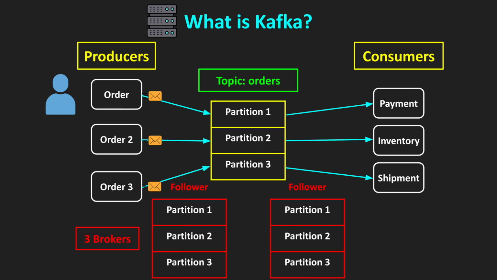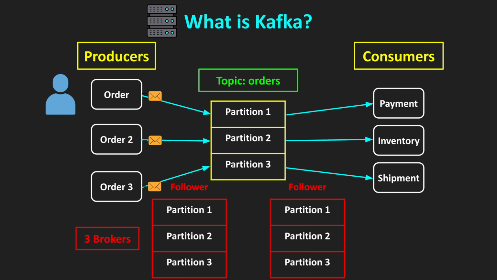So we have here 3 machines for Kafka, and we have one main machine, our leader machine, and we have 2 follower machines. We want partition 1 also replicated to other instances. We call them brokers in Kafka. So in this case, we have 3 brokers.